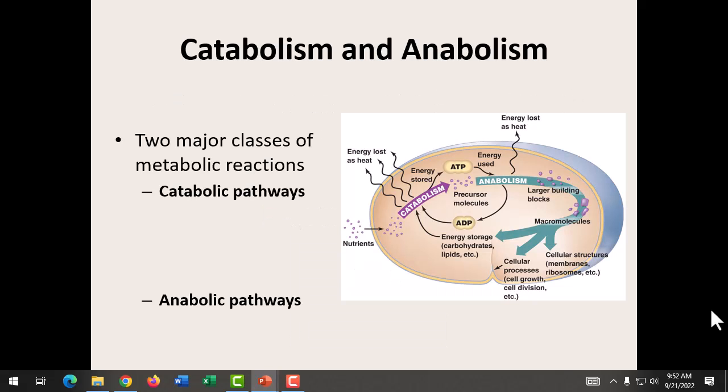Now, of all the different types of metabolic reactions, we group them into two types: catabolic pathways or reactions, and anabolic pathways. Anything that has that word catabolic means breaking down.